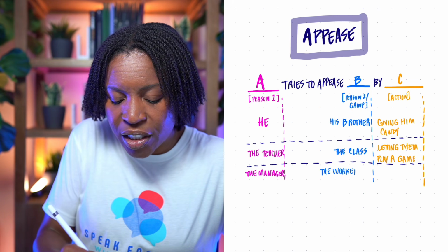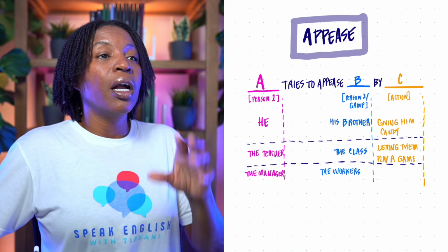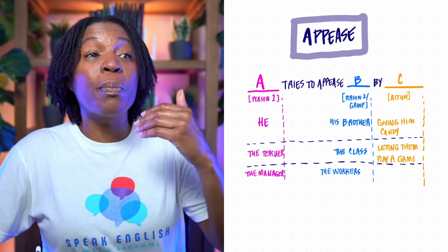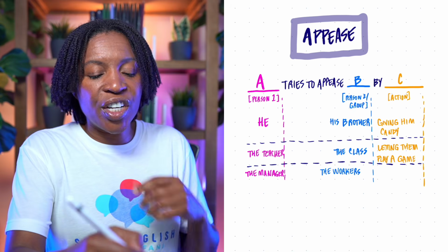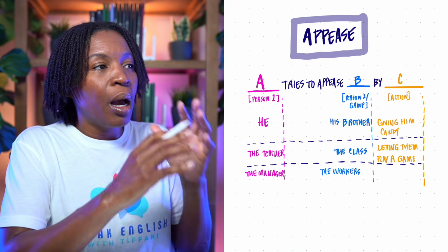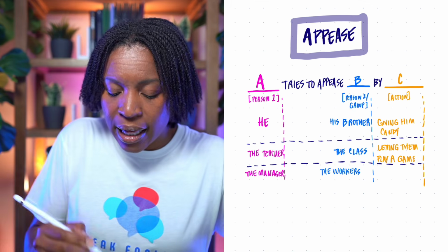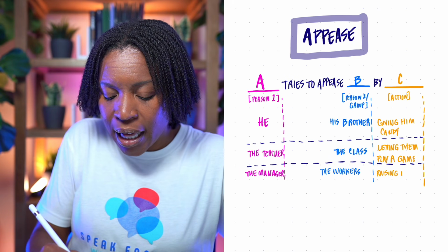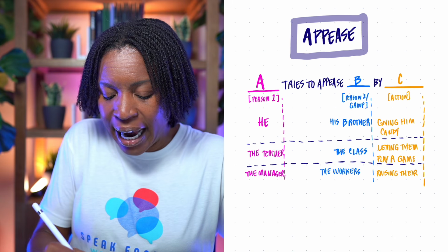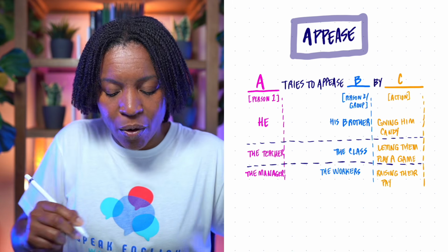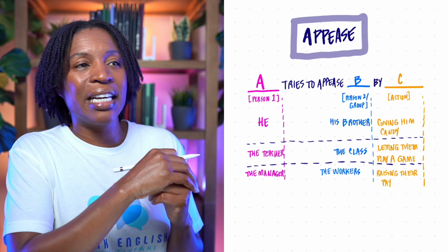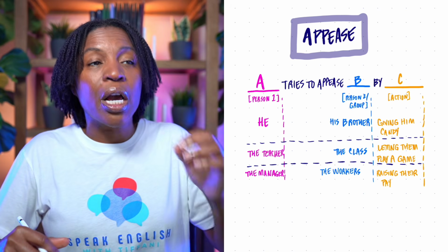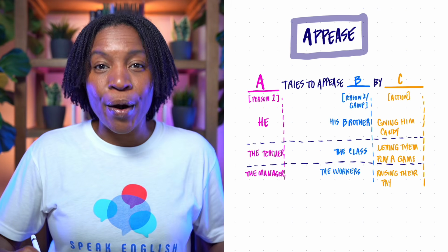So now our sentence so far is, the manager tries to appease the workers by, now we need letter C. What is the action? By raising their pay. All right, raising their pay, giving them more money. All right, so again, our third sentence is, the manager tries to appease the workers by raising their pay.